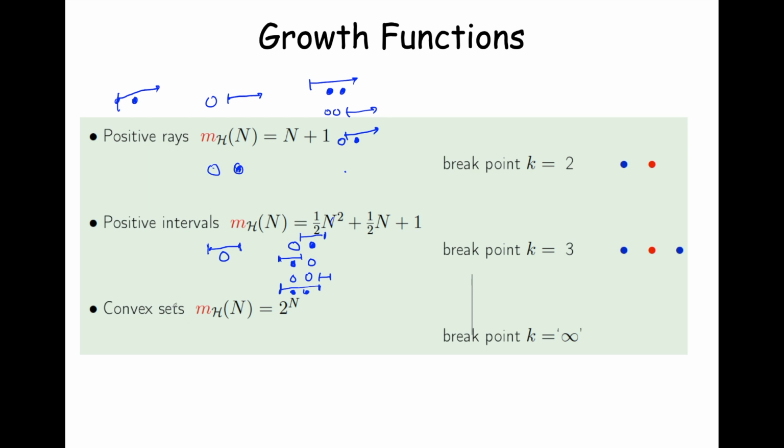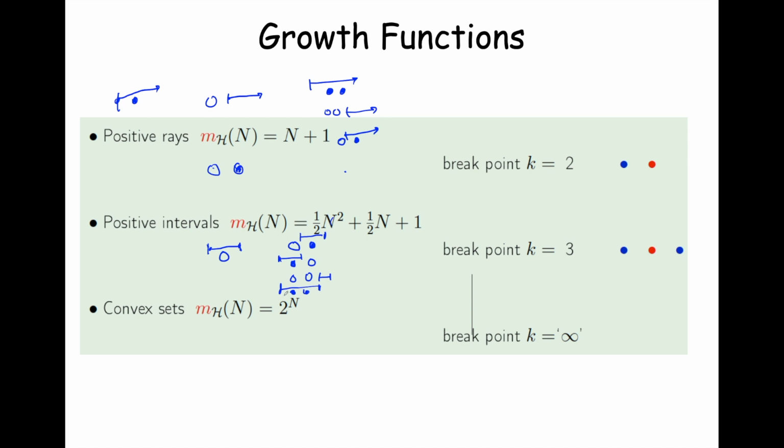When we look at the convex sets, we have all 2 to the n possible arrangements of data points assigned as red and blue labels, plus 1, minus 1 labels. And we can therefore, regardless of the size n, shatter all data sets of size n because we can produce all 2 to the n many dichotomies.